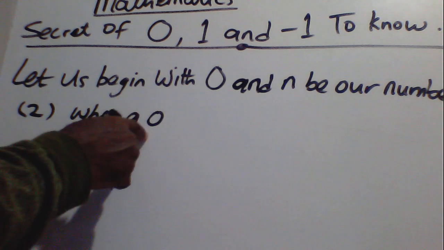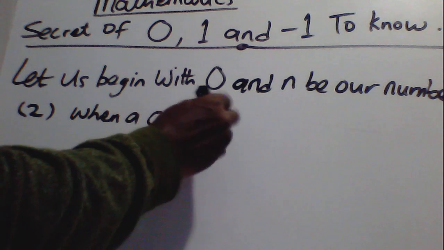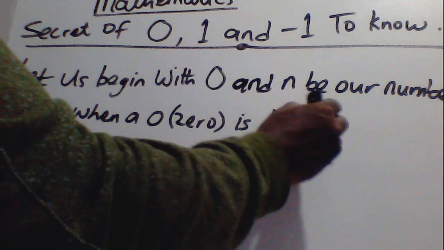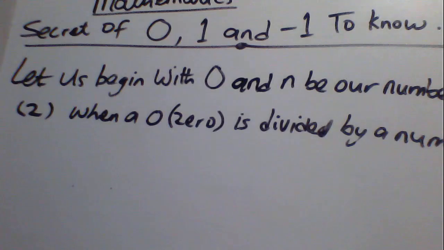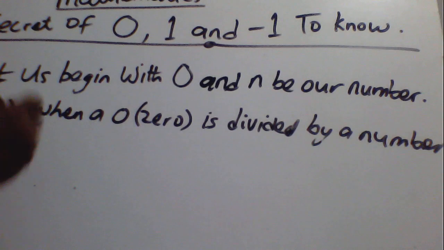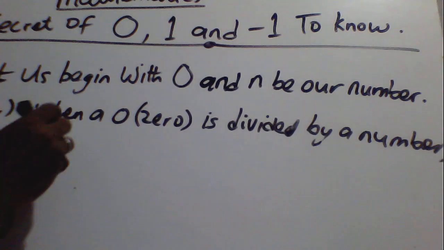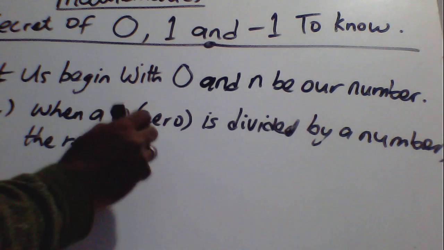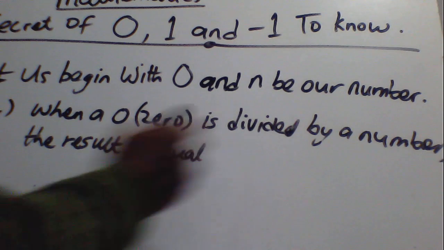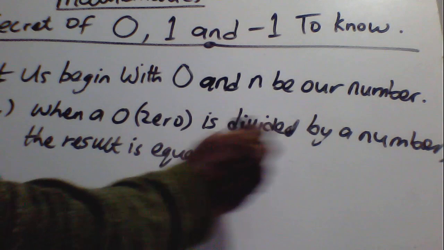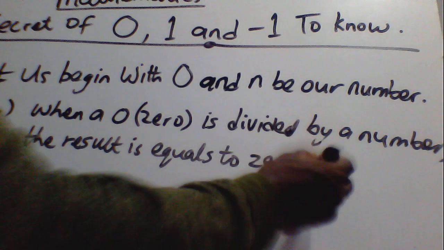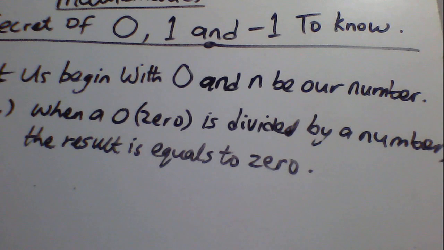So when 0 is divided by a number, the result is equal to 0.